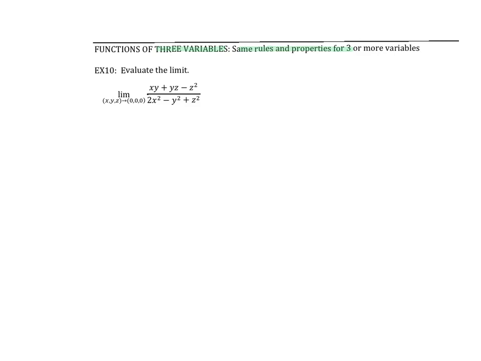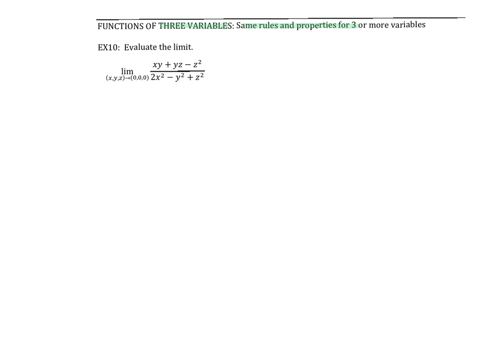I'm not going to draw a picture because I don't know how to draw a picture once I start getting into fourth dimensional space. But I can still evaluate the limit. Notice that we have this ordered triplet, x, y, z, and in this case it's approaching the point 0, 0, 0. So the first thing I'm going to do is just put in 0 for x, y, and z. And unfortunately I get 0 over 0, which is indeterminate.